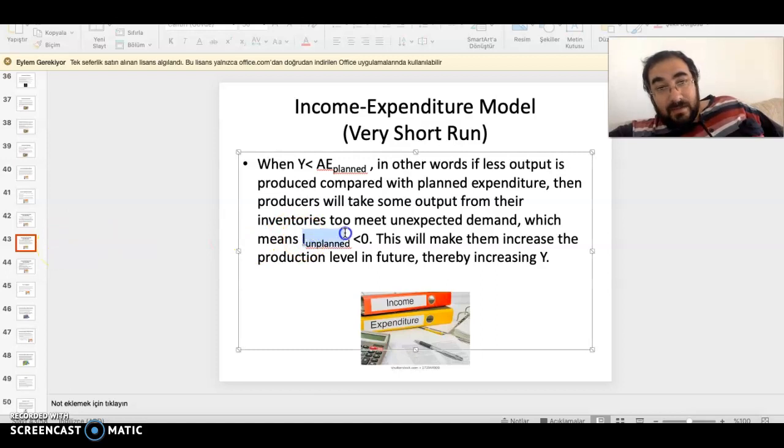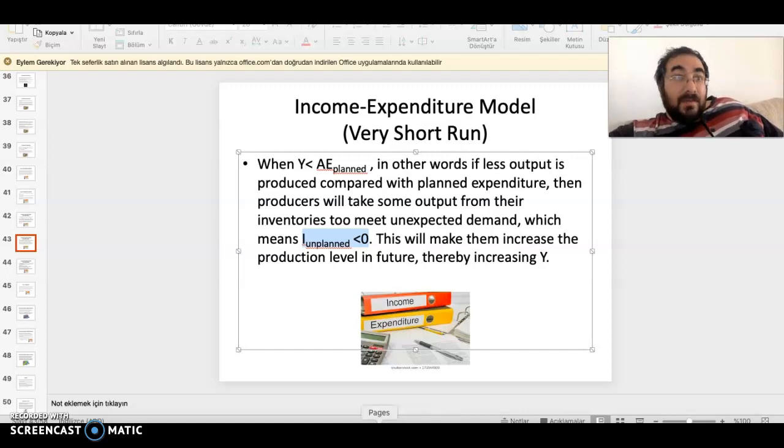So again, note that when planned AE is greater than GDP, I unplanned needs to be less than 0. Why?